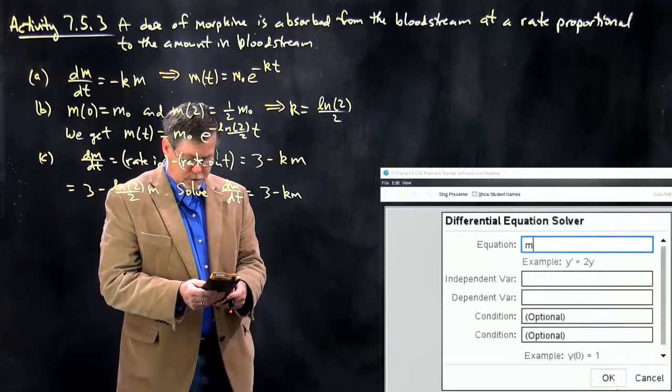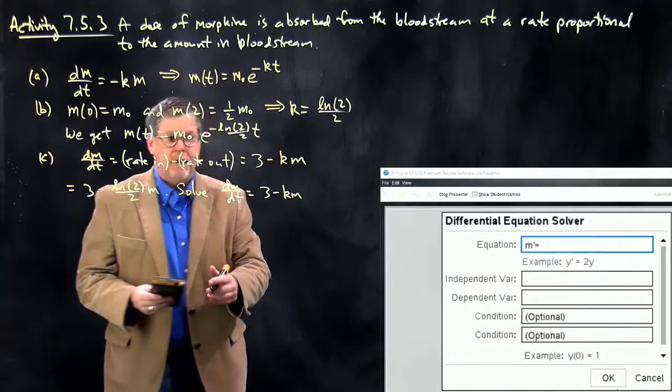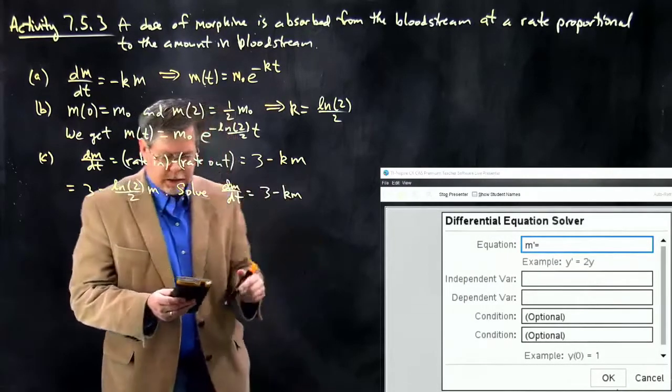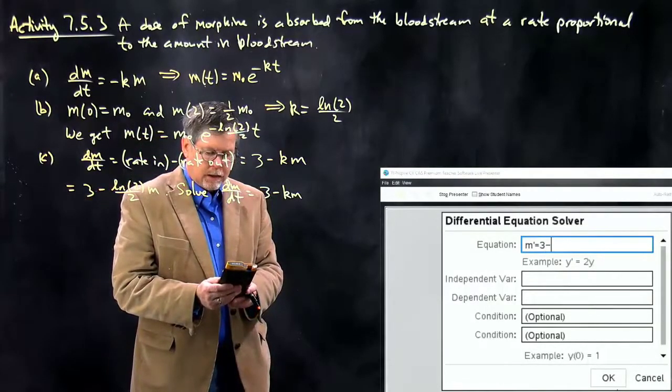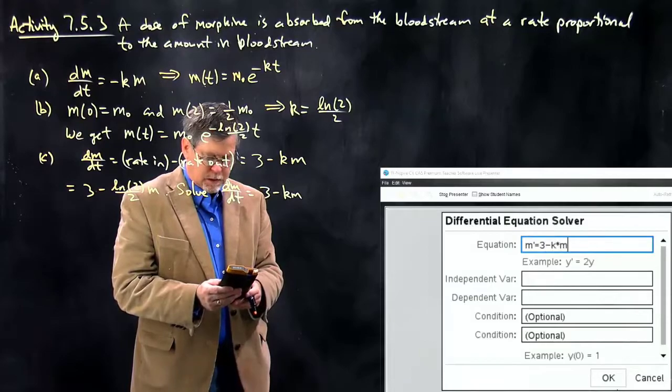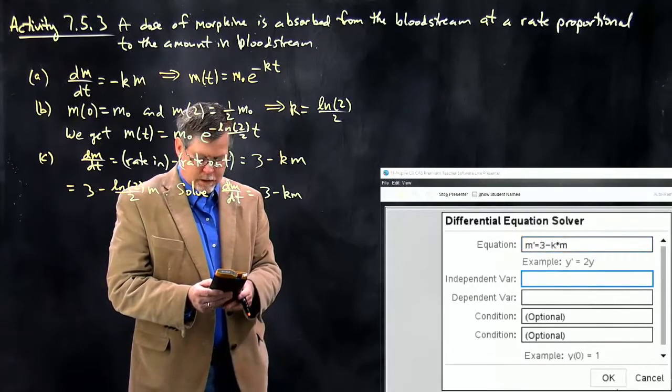So I'm going to say m prime. What we're doing now is factoring in the fact that I'm adding in addition to the regular absorption. So that's 3 minus K times M. Again, independent variable time, T, and M.